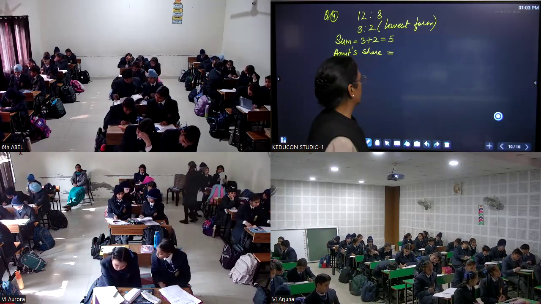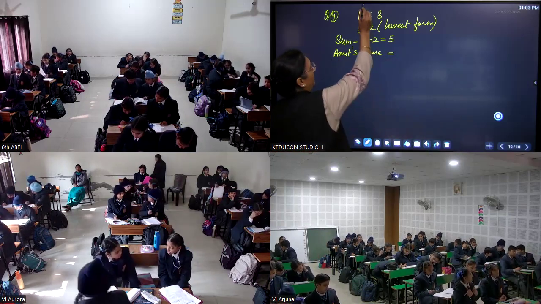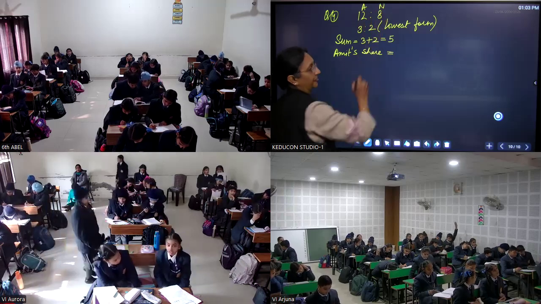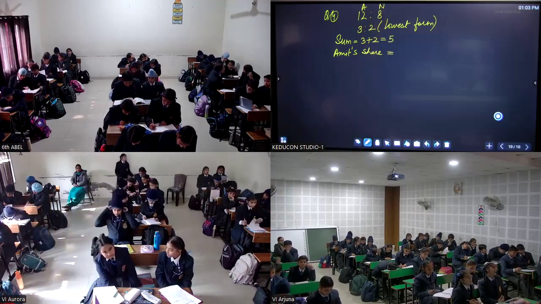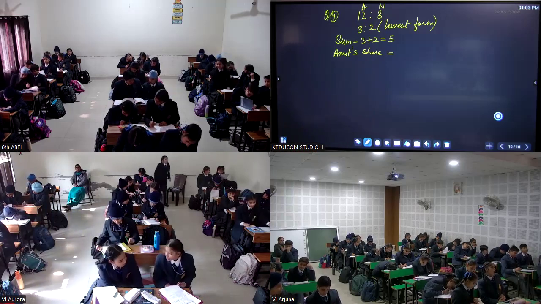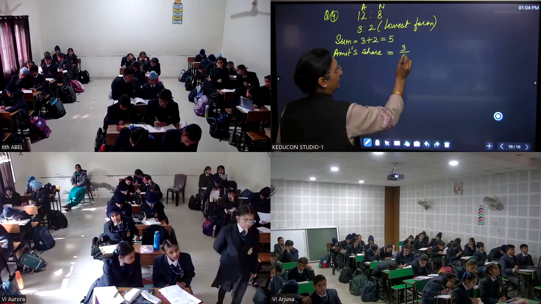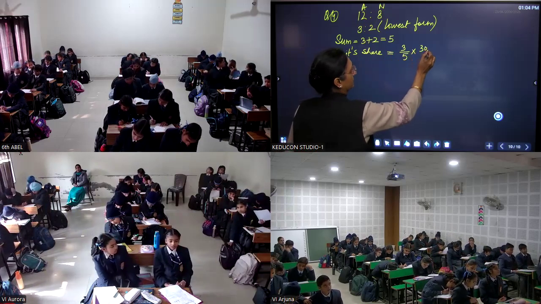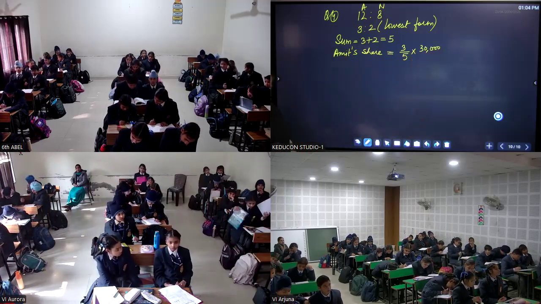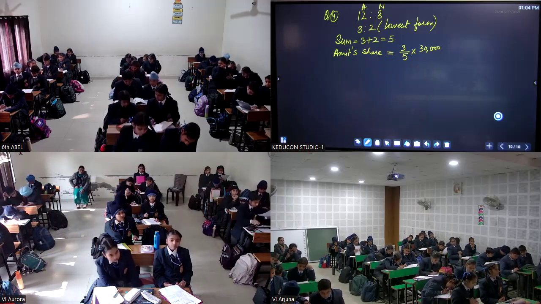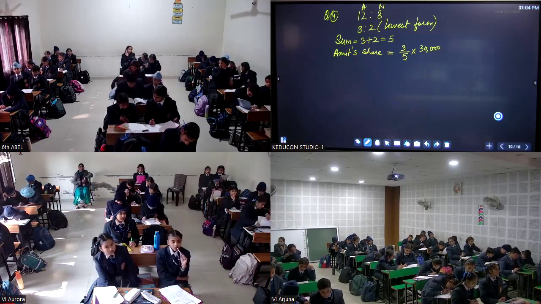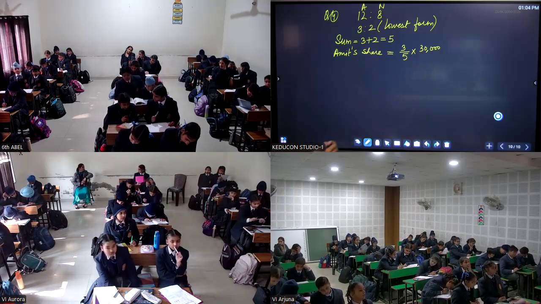Okay? You can do it here. This was Amit and this was Nitin. The ratio given was 12:8. So we have to find first Amit's share. It will be 3 out of total into 30,000. Apply the concept. So you found it is coming out to be 18,000.